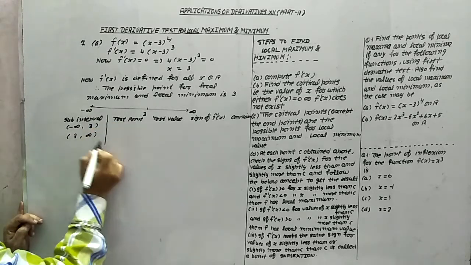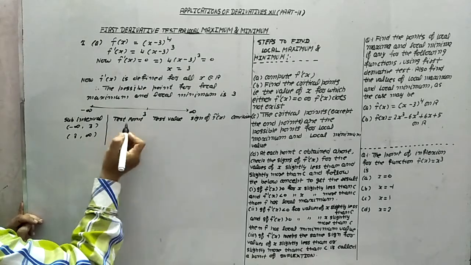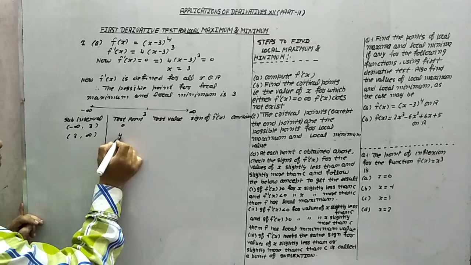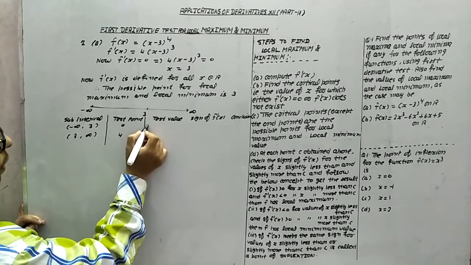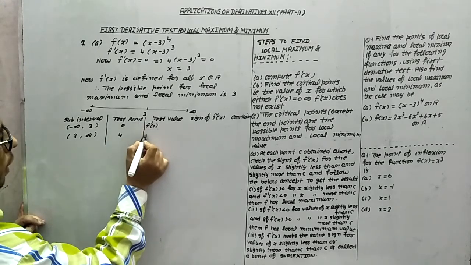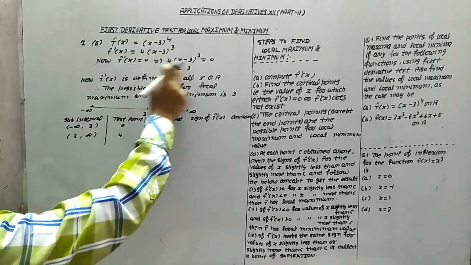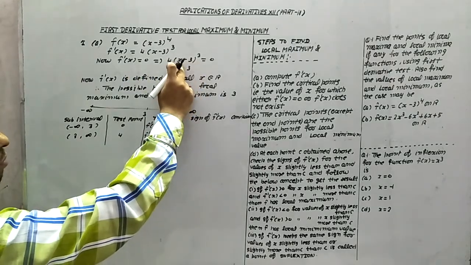Now for the interval minus infinity to 3 we can take the test point 0, and for 3 to infinity we can take the test point 4. Now the test values are f dash 0 and f dash 4. If we find f dash 0, what will come?